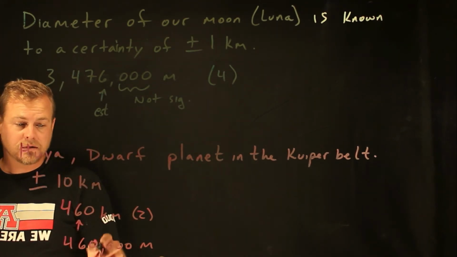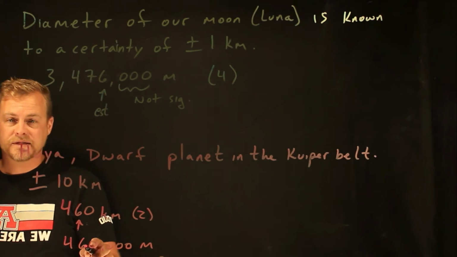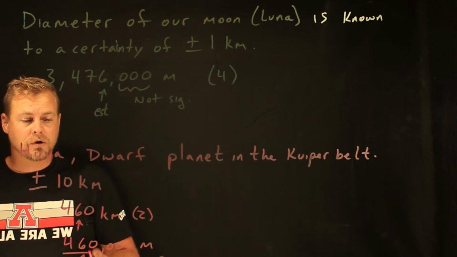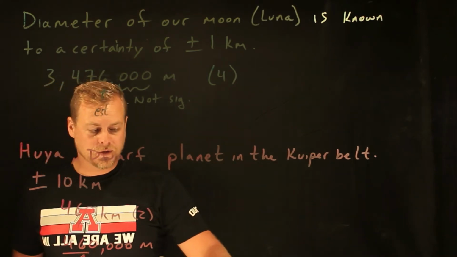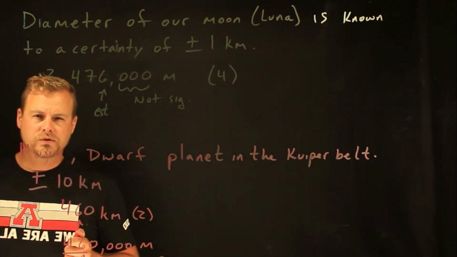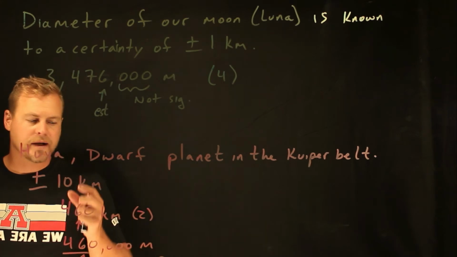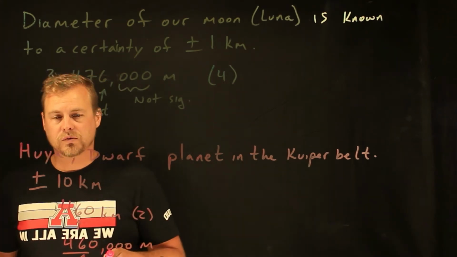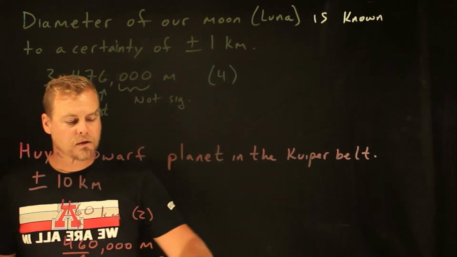Now I'm still estimating at this digit, I still only have 2 significant figures. So it's important to understand it's not the units, it's the tool you're using that is minimizing or maximizing your precision. So a more expensive tool, a more precise tool will give you more sig figs or significant digits.